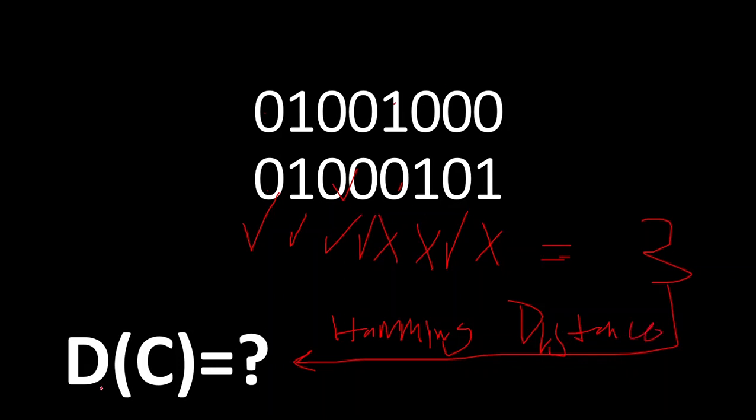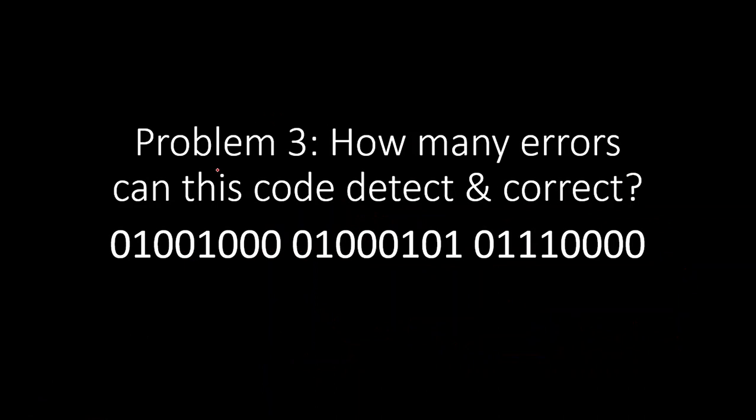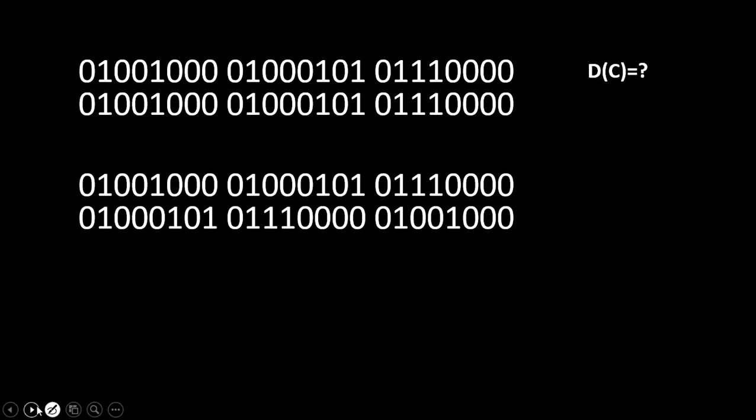It's that easy. Now problem 3 is basically almost the same as the second problem. As I mentioned in the website, the minimum distance is the smallest value. So basically what we're going to do is find the Hamming distance between pairs of the codes.